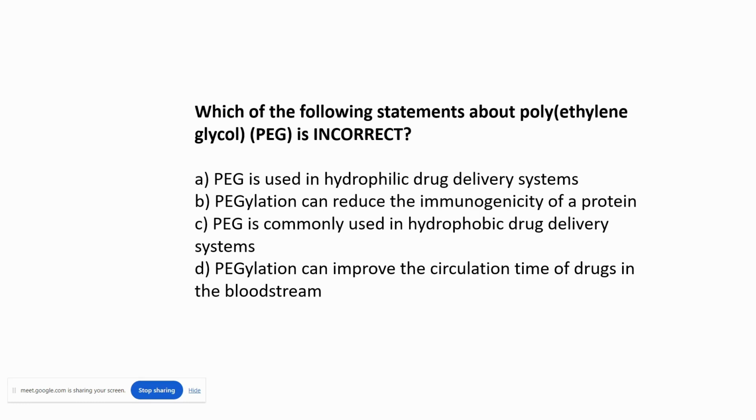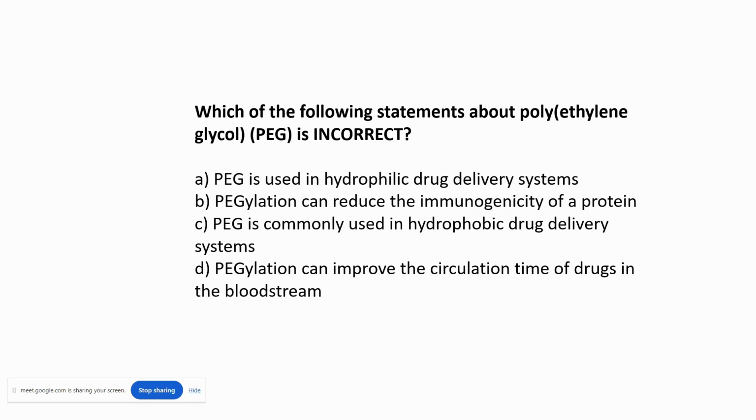If you see, PEGylation is used in hydrophilic drug delivery systems since PEG has more water absorption capability and it is hydrophilic. PEGylation can reduce the immunogenicity of a protein. If you tag a protein and PEGylate it, it will reduce the attachment of the host proteins onto your delivered protein.